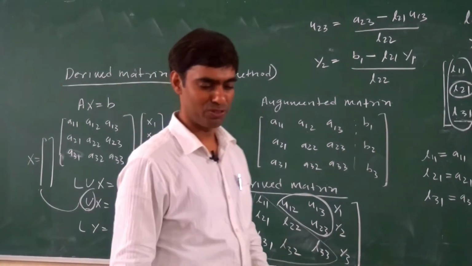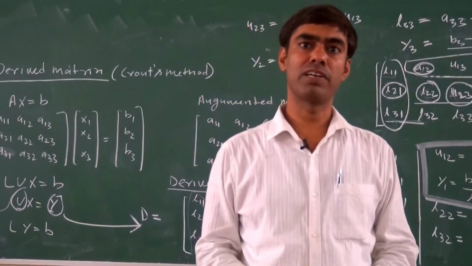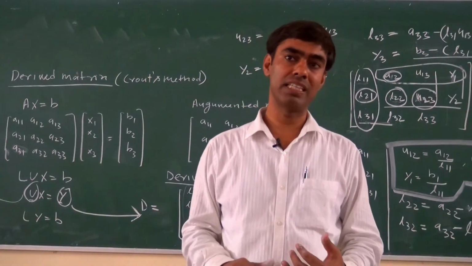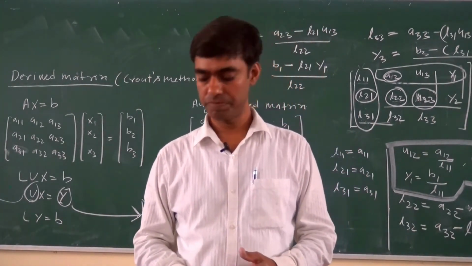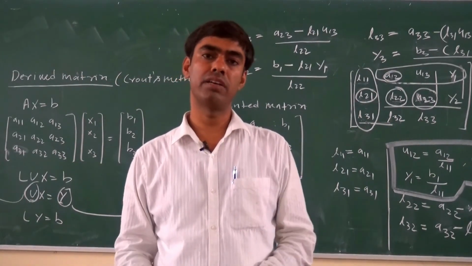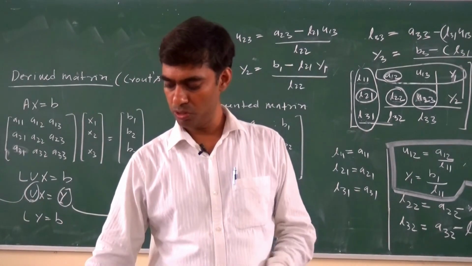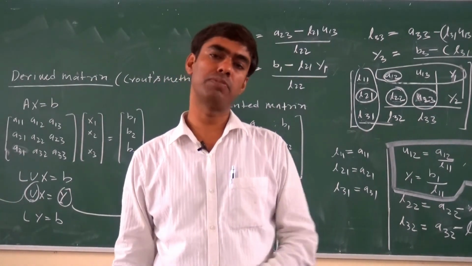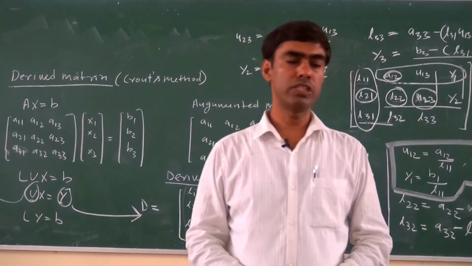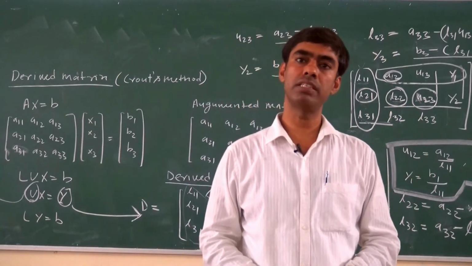So this is the procedure with the help of Crout's method: with the derived matrix as suggested by Crout's, meaning the upper triangular matrix, lower triangular matrix, and values of y. Once we find L, U and y, with the help of back substitution we find the values of the unknowns. This is a summary of the theoretical concept of Crout's method.